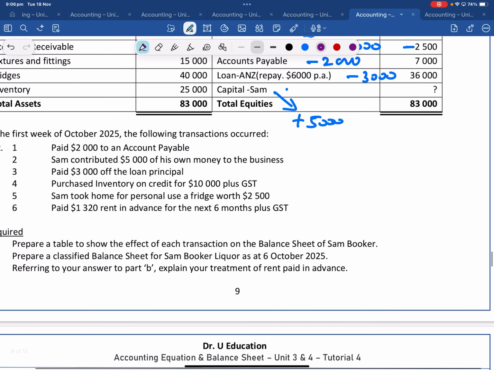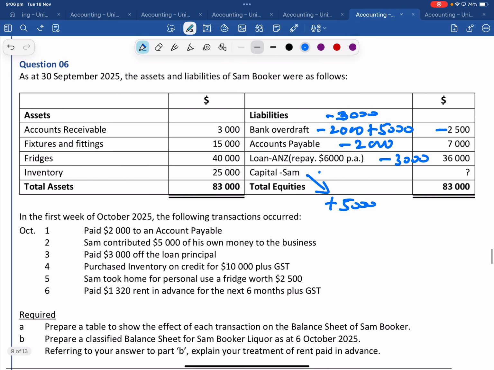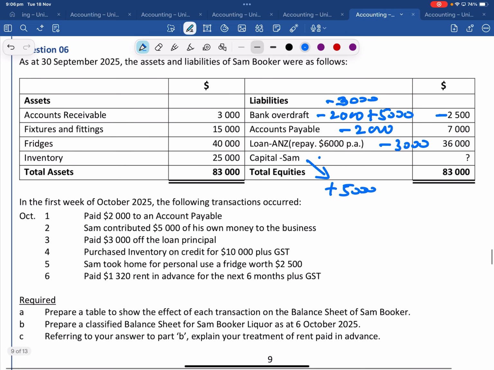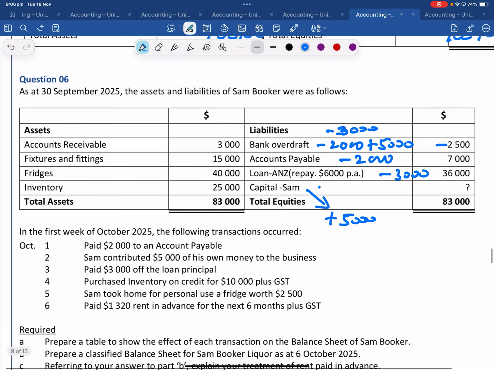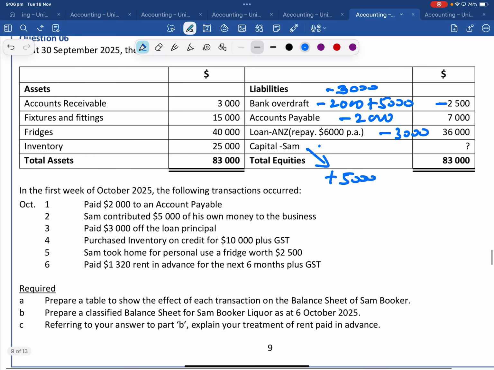Number 5, Sam took a personal. Before that, we'll do the thing here. I'll write GST clearing somewhere here.